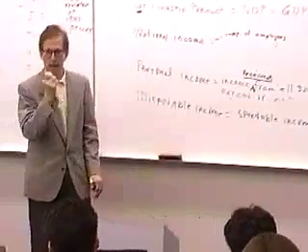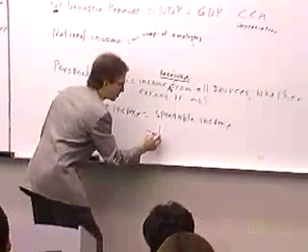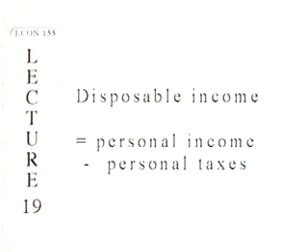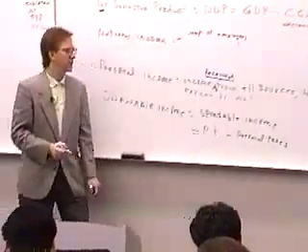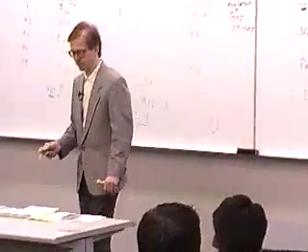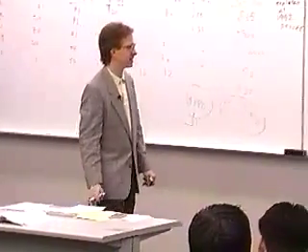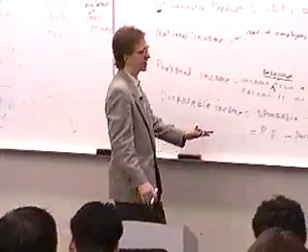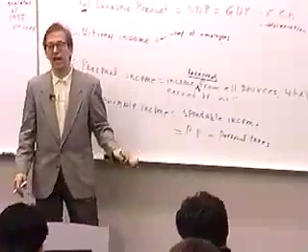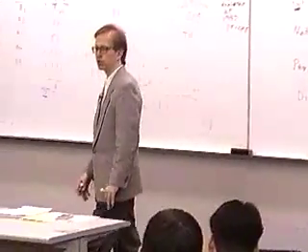And that's equal to personal income minus personal taxes. Personal income is income received. So all the income you receive minus personal taxes tells us our disposable income. After you pay your taxes at the end of the year, what you're left with out of your personal income, that would be your disposable income.